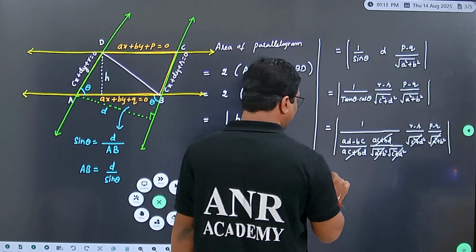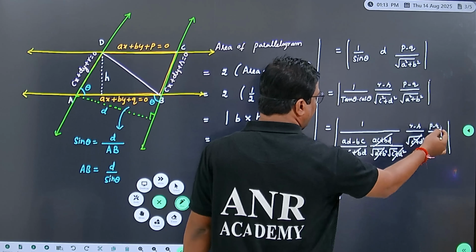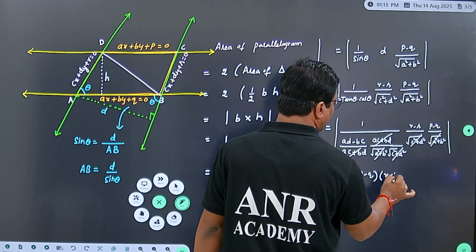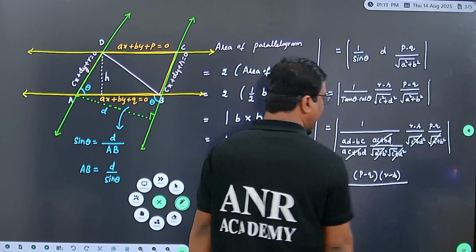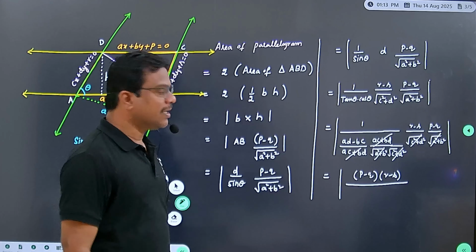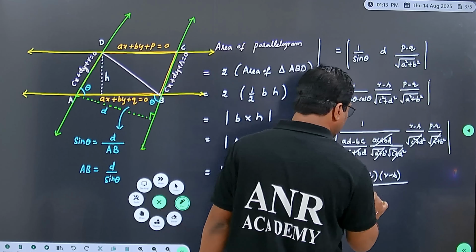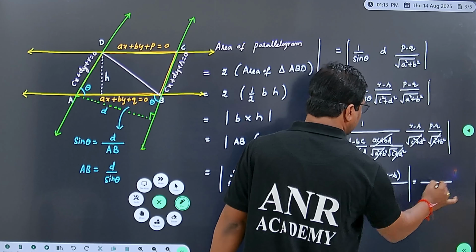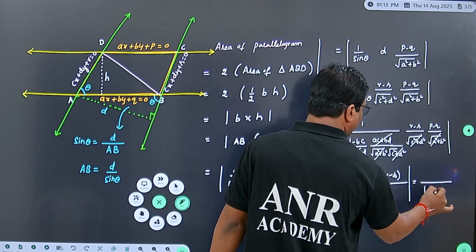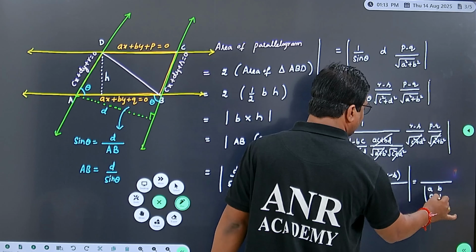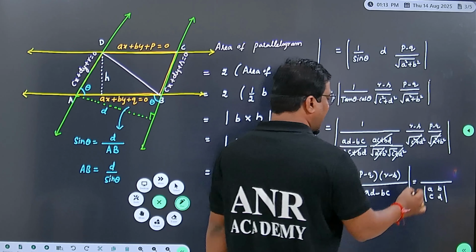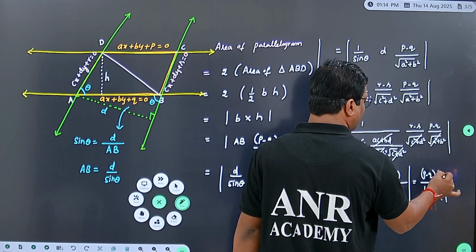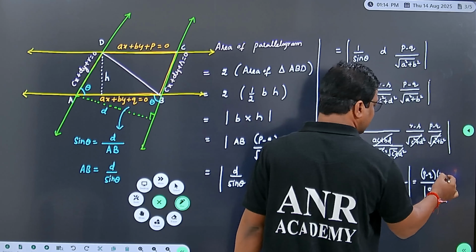And finally we get in the numerator the product of P minus Q and R minus S. In the denominator part we get AD minus BC. I can write AD minus BC as the determinant of the 2 cross 2 matrix ABCD, and in the numerator P minus Q into R minus S as it is.